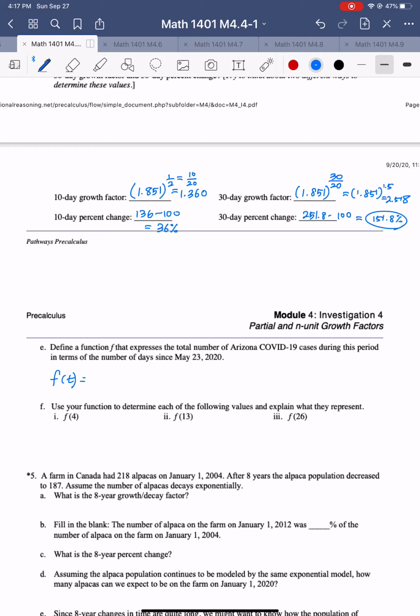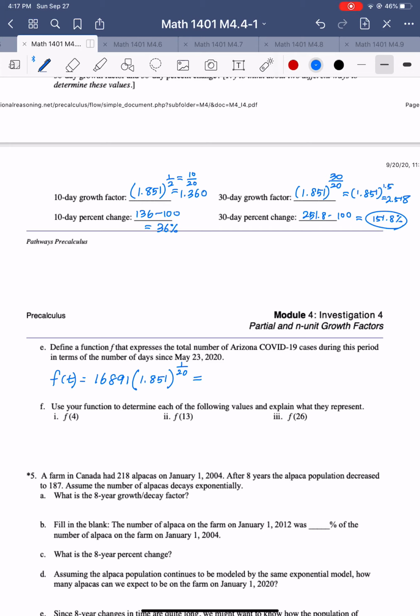Starting from 16,891 as the initial value, and then we make that 1.851, but I want to say 1 over 20, because I try to make that 20 days, which is 1 day out of the 20, right?